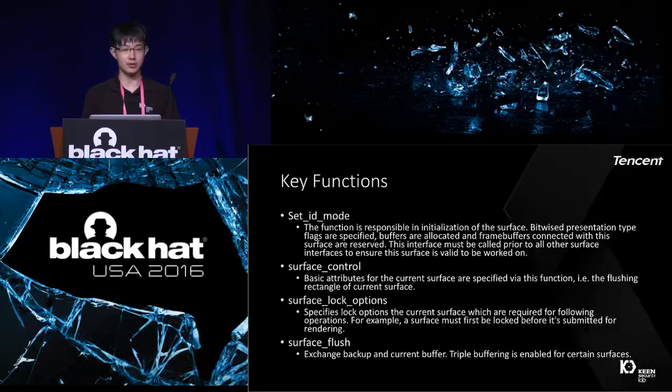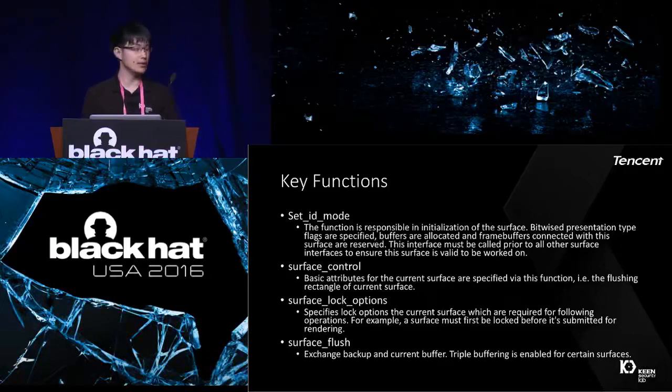That is, how big a surface you want to draw, and the coordinates of the surface on the physical display screen. The surface lock options is also an important function, because if you want to submit your surface for rendering, you must lock it first. Surface lock options is an external method in the IOAcceleratorSurface to receive lock options that specify the lock behavior of the surface.